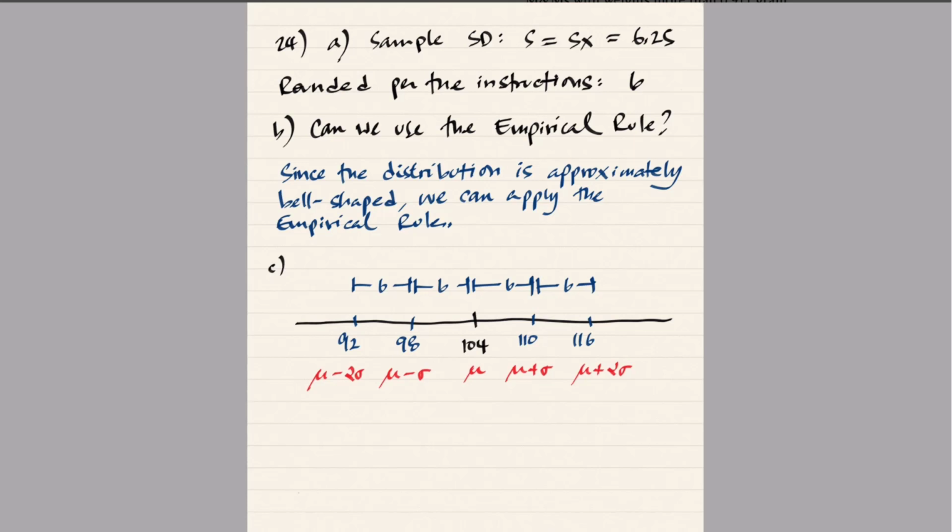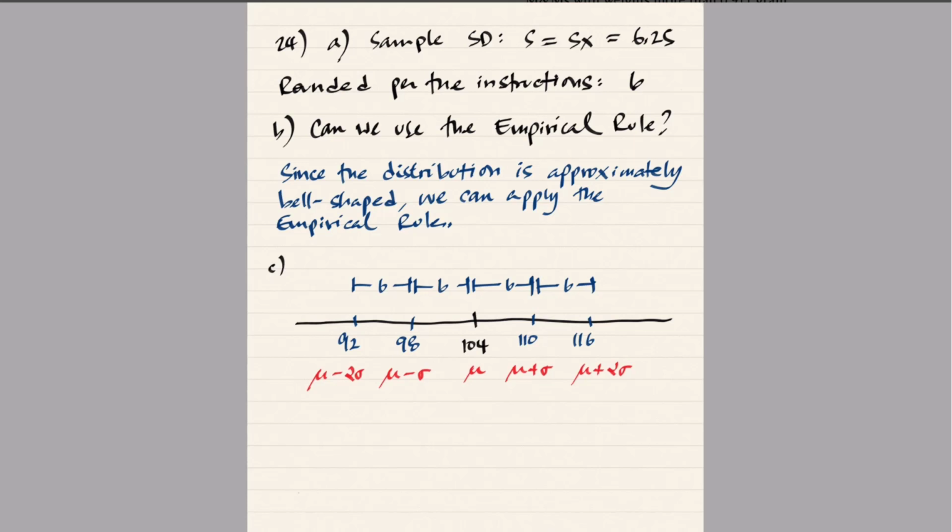Similarly, if you go to the left, going down 6 units would take you from 104 to 98. That would be mu minus sigma. And going from 104 down to 92, that's a distance of 12 units, and that would be mu minus 2 sigma.